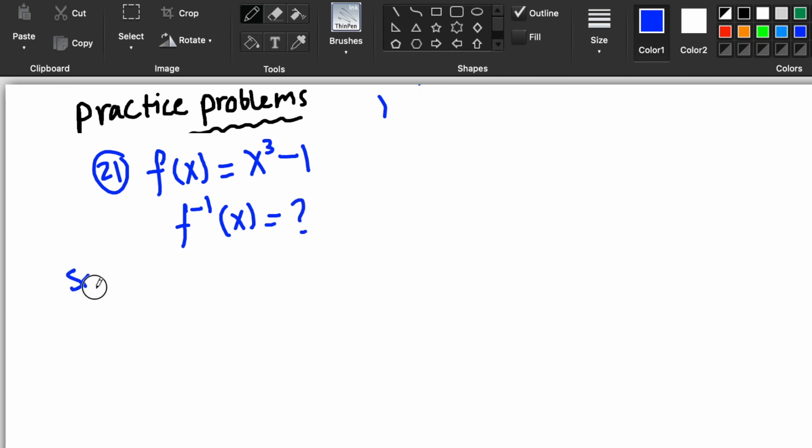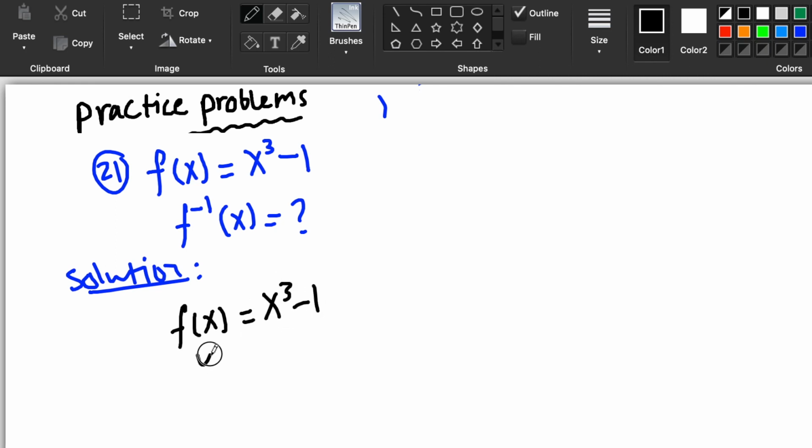So how do we solve? Solution. Now I don't need to write in details because you know the drill. I know that f of x equals x cubed minus 1. So that is y equals x cubed minus 1.